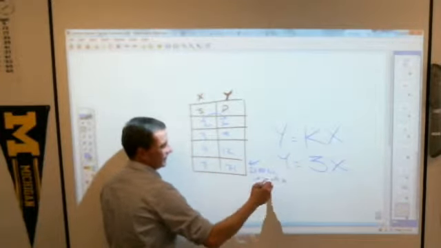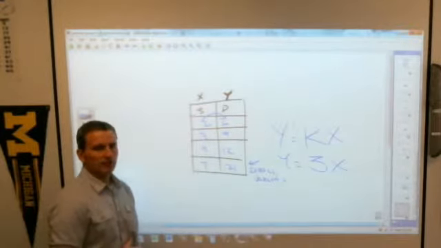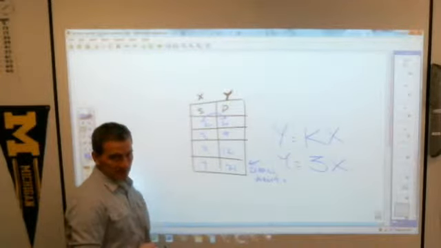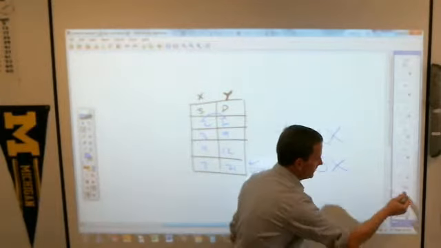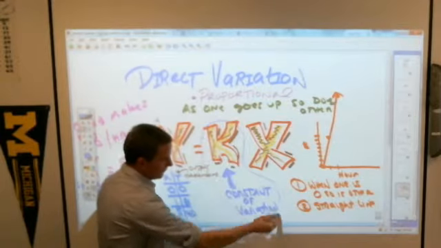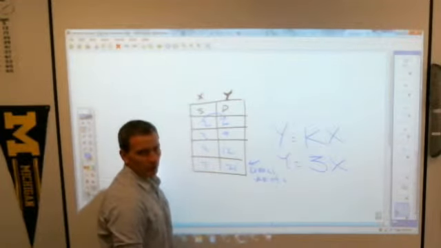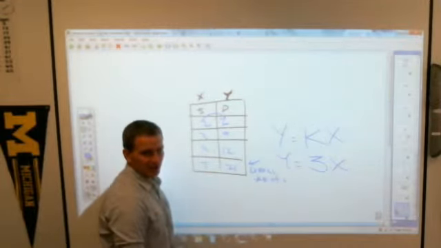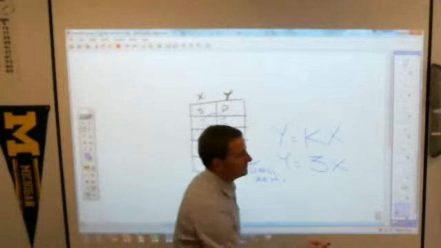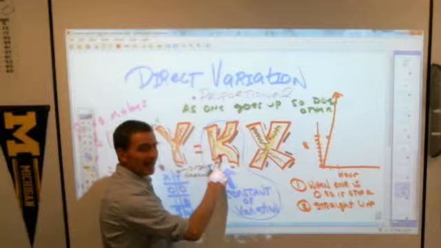Now the question of the day is, what is my constant of proportionality in this equation? Wait, before you answer, let's go back. The constant of proportionality falls right in front of the x.